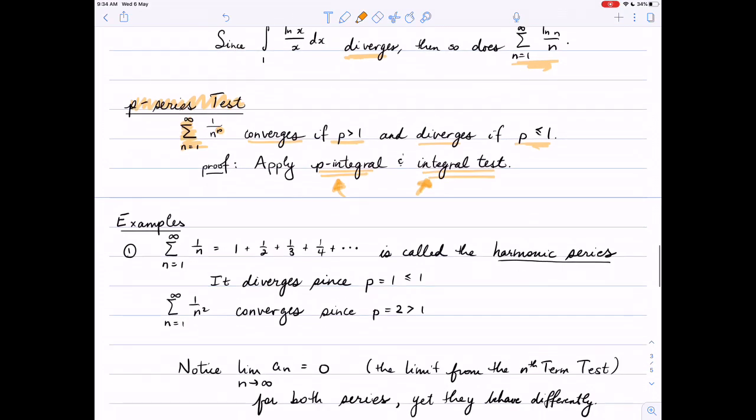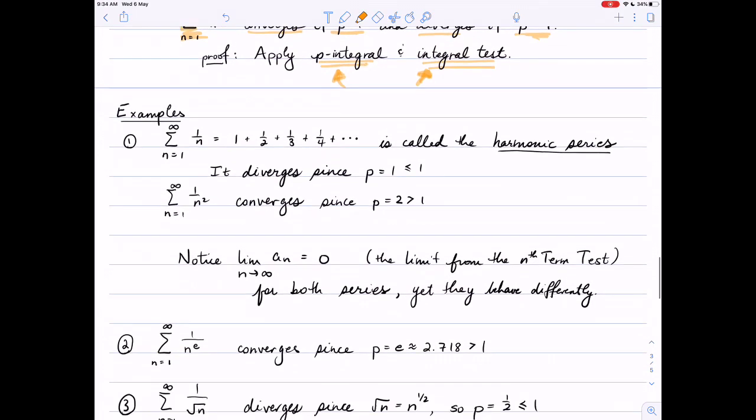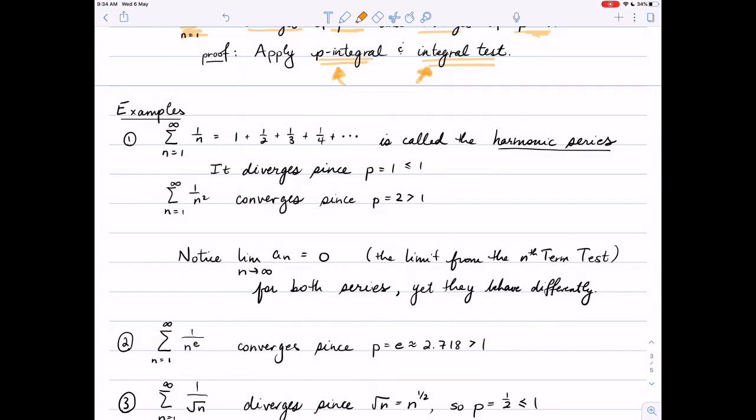So, a quick couple of examples here with the P series. The sum from n equals 1 to infinity of 1 over n, which is 1 plus 1/2 plus 1/3 plus 1/4, going on forever. This is a famous series called the harmonic series. It is a P series which has p equal to 1.